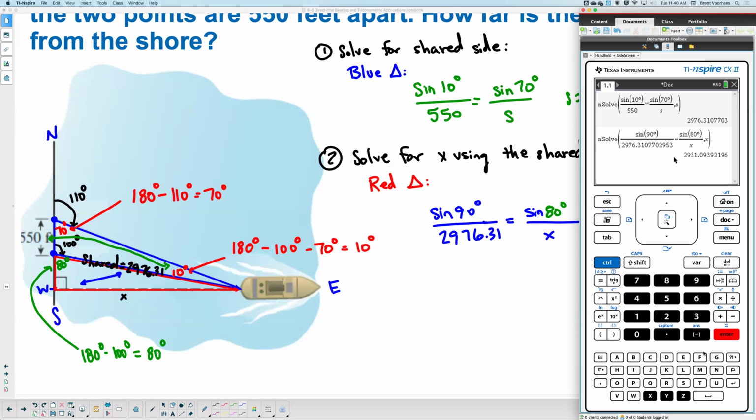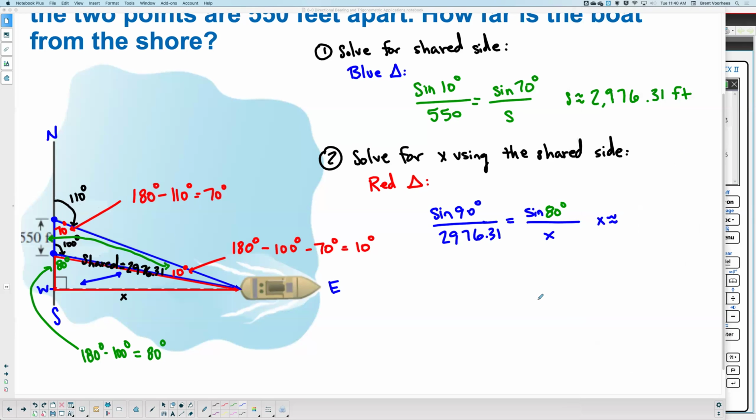Ooh, I got a different number. Check your work. Are y'all getting 2,931.09? Yeah. That's what I'm getting. Check your work. Somewhere there, we made a mistake. 2931.09. And again, we're in feet. So our answer would be in feet this time. All right, that would be your answer.